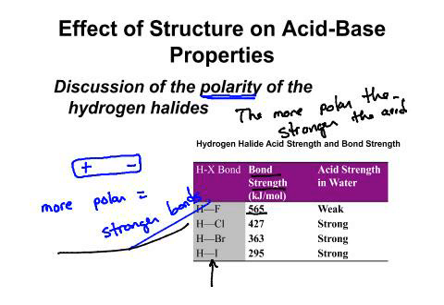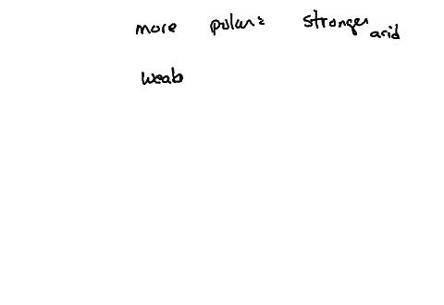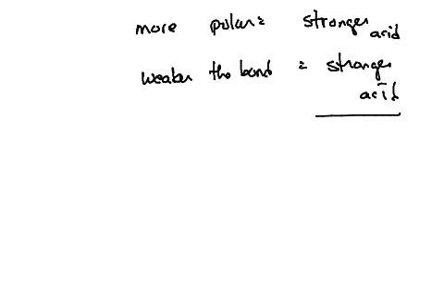So more polar equals stronger acid, more chances for it to break up. And also the weaker the bond equals a stronger acid. So we have both things, and we have a problem here.